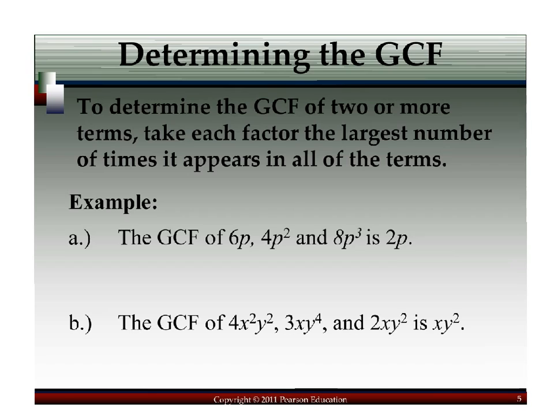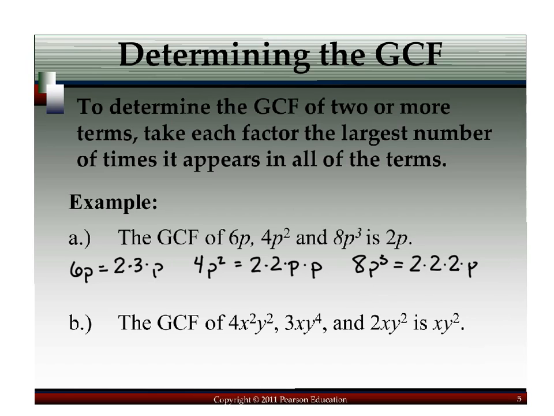So 6p, the prime factors of it are 2, 3, and p. Let's say 6p equals this. And let's do 4p squared, which equals 2 times 2, and then p squared breaks out to p times p. Then 8p cubed breaks out to 2 times 2 times 2, and then times p times p times p.